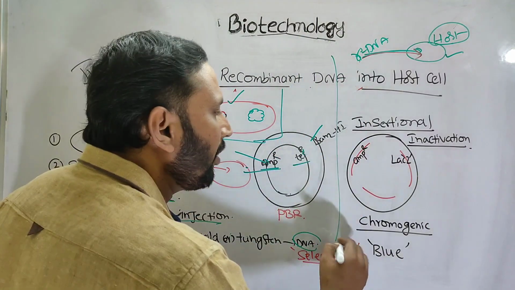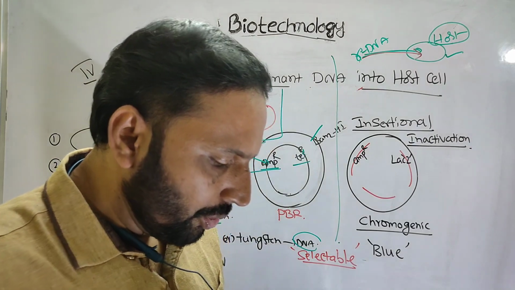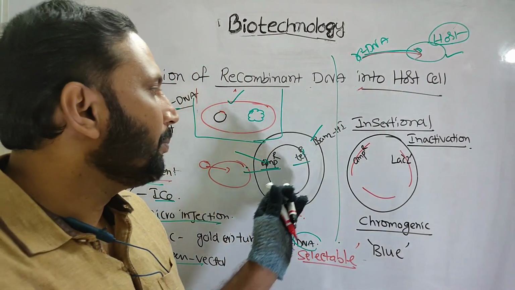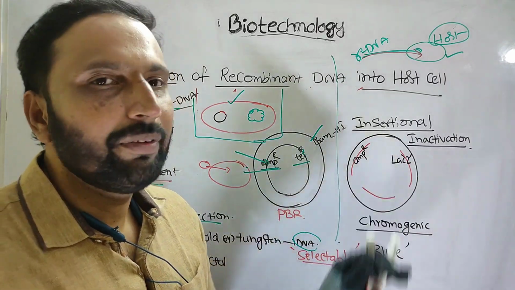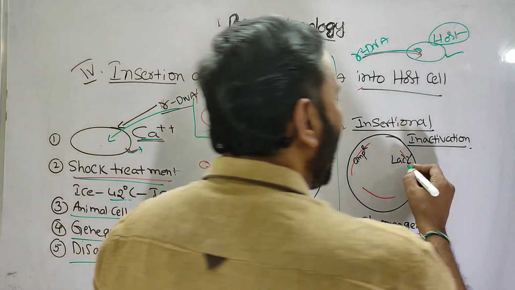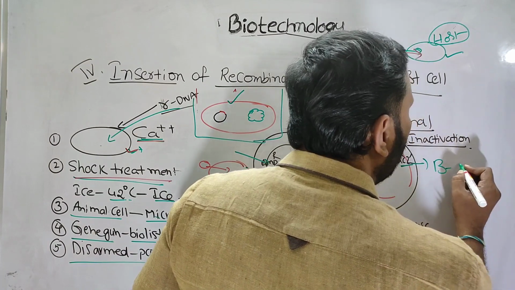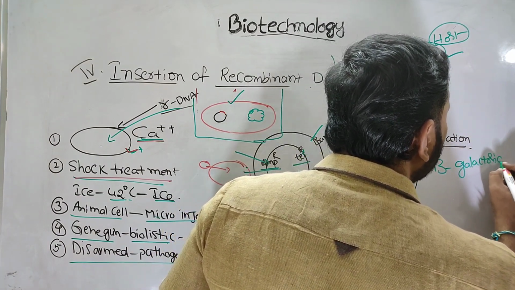There is another mechanism. For example, this is pUC, Plasmid University of California. There are two types of selectable markers. Here, antibiotic resistance gene selectable markers. Another one is enzyme related selectable markers. For example, here the lacZ gene is responsible for the synthesis of beta galactosidase enzyme.